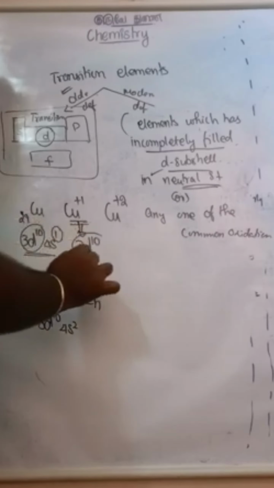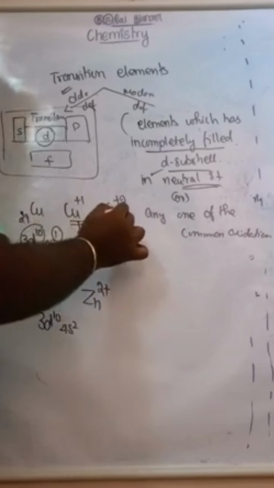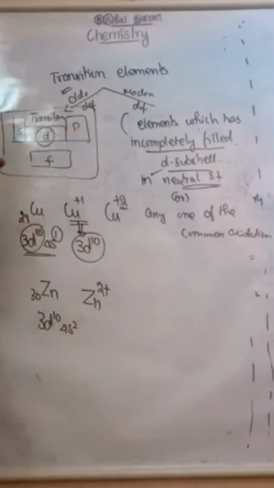But Cu2+ means it loses 2 electrons from the neutral atom. What is the meaning? Copper has 1 electron in the 4s subshell and 10 electrons in 3d. So 1 electron comes from 4s and 1 electron from 3d.